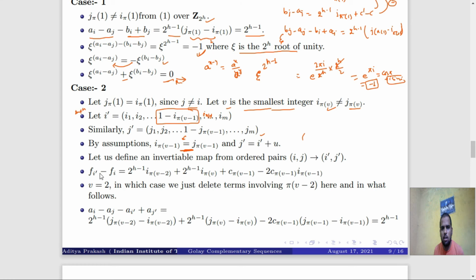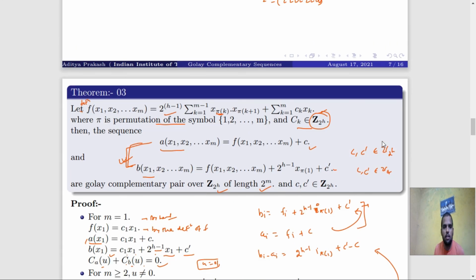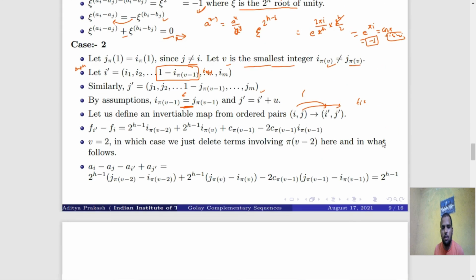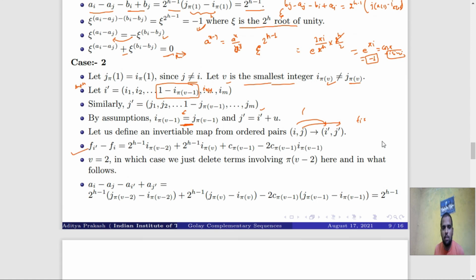Now let's use some invertible mapping to solve this problem, as we can simply invert i to i dash and j to j dash. How? By the definition of phi, whatever we define in the problem starting in this way, with the help of this we can find the value of this phi dash minus phi, and with the help of these two definitions of I dash and j dash, we get the value of this.